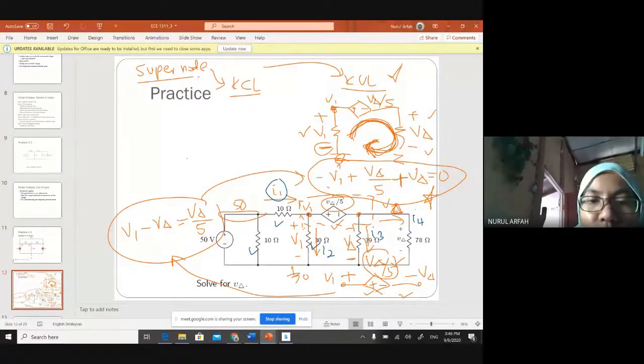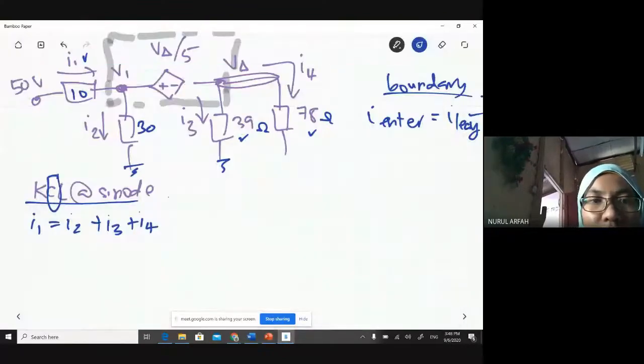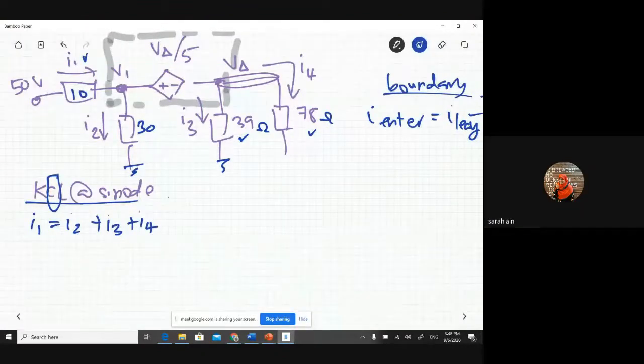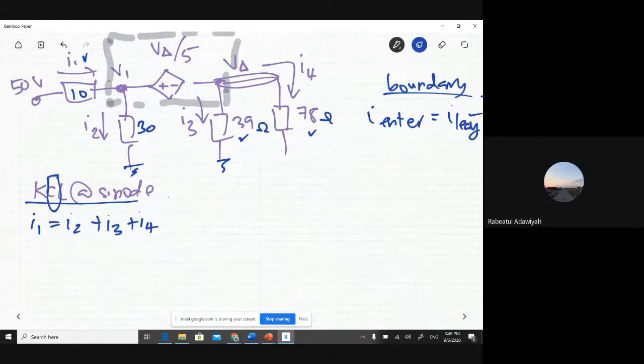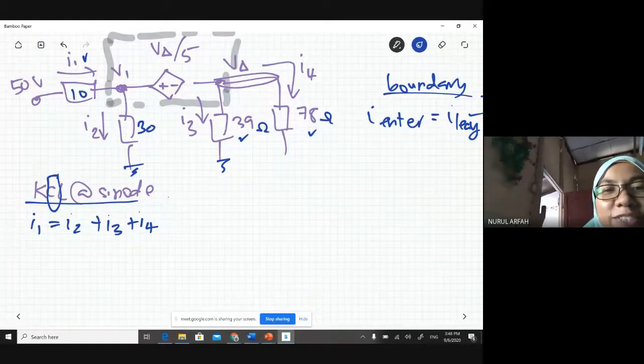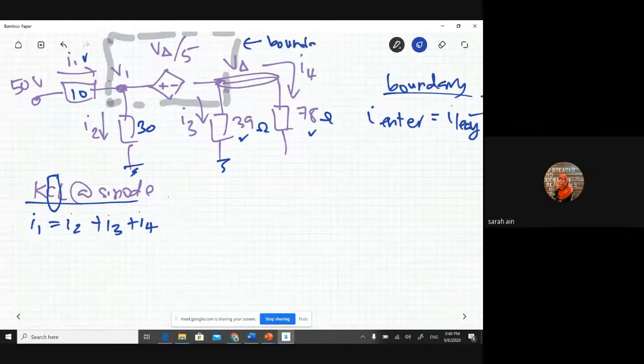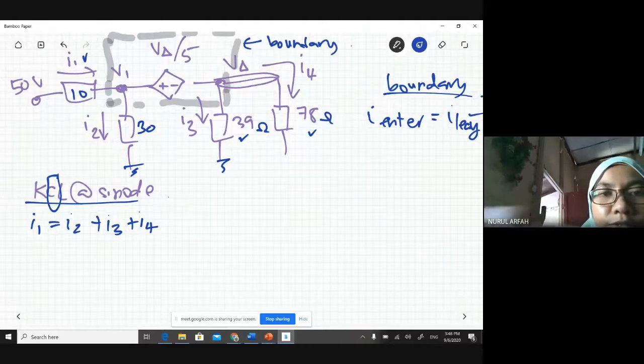So actually, this one you don't consider, because why? Can you guess? It's because you look at the boundary. This is a boundary, right? Whatever is attached to the boundary.